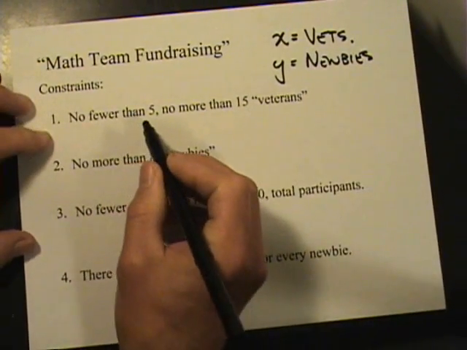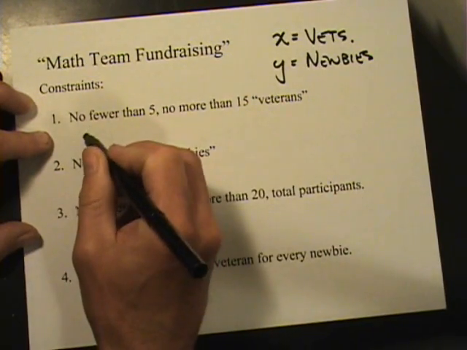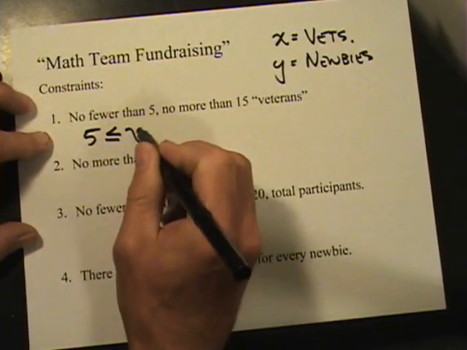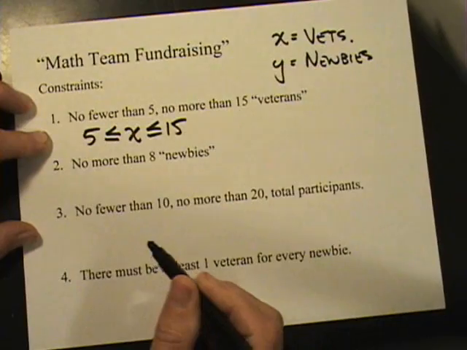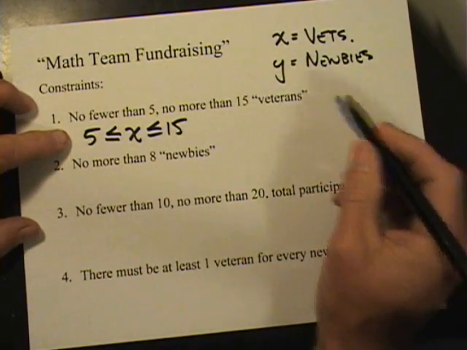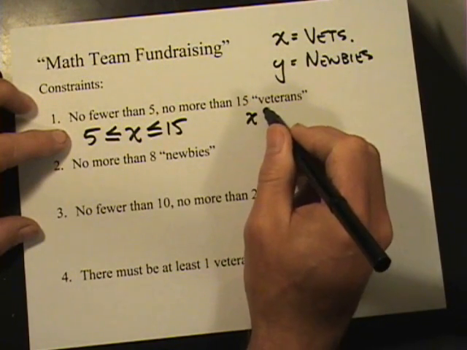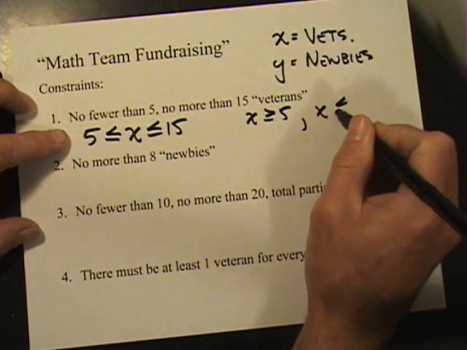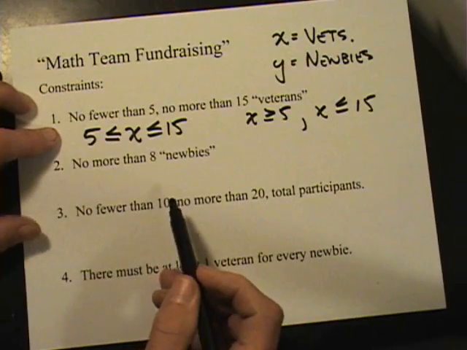So if I can have no fewer than 5 and no more than 15, x is going to be greater than or equal to 5, but less than or equal to 15. For graphing purposes, we will do this separately. We'll just graph x has to be greater than or equal to 5, and x has to be less than or equal to 15. But we can write it like that if we prefer.